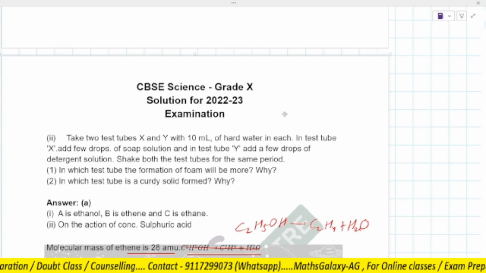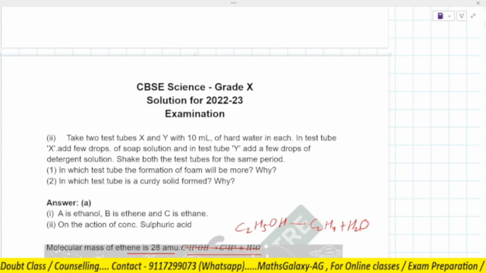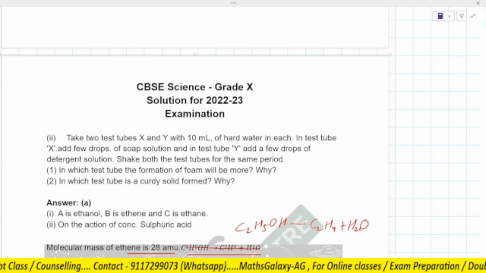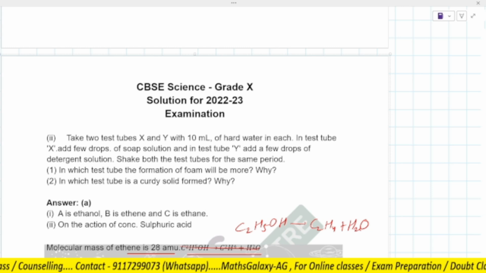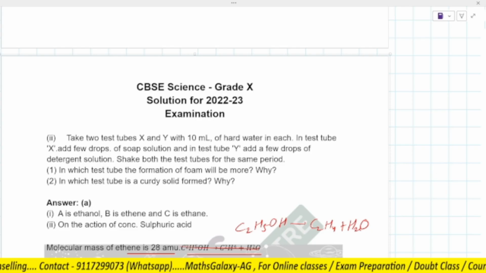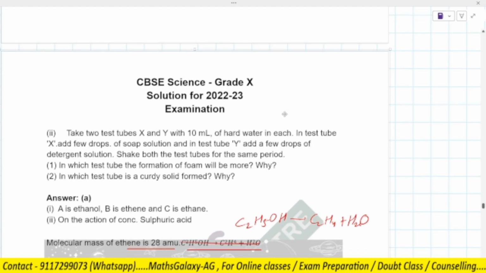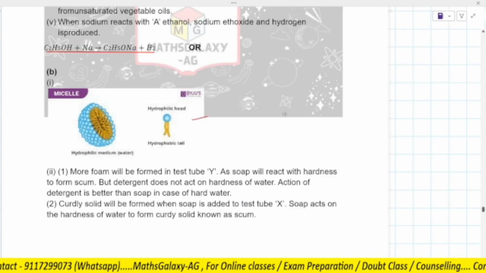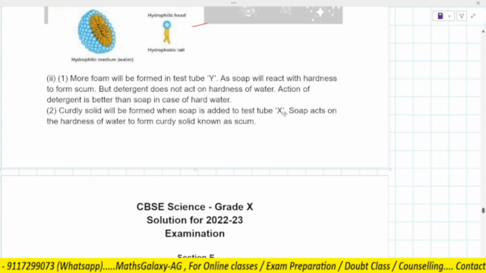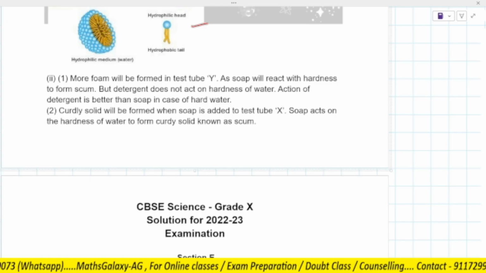In X we are adding soap solution, but in Y we are adding detergent solution. So detergent will produce more foam in Y. And here you have to explain it also. Is there any doubt till here?